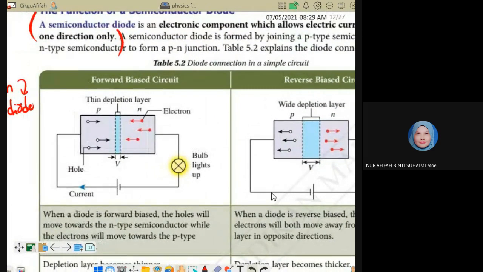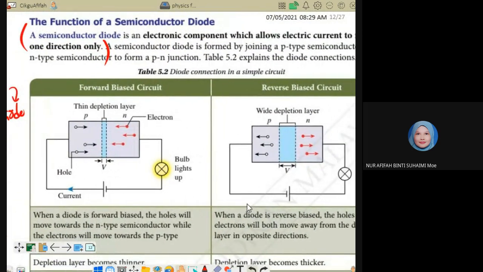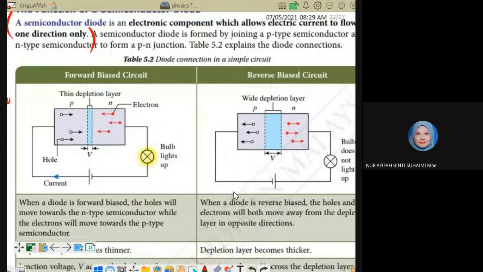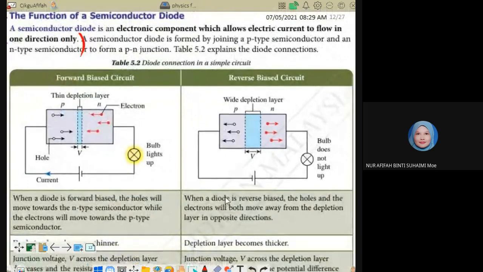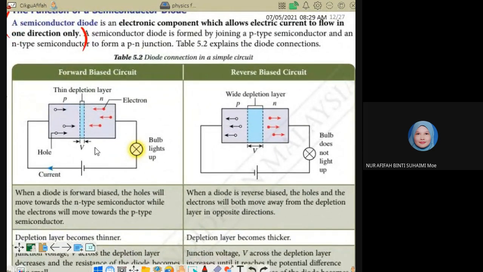Ini yang tadi, the type of the circuit, forward bias circuit and reverse bias circuit. Okay, so dekat sini kita boleh tengok, we have a thin depletion layer, and in reverse bias we have a wide depletion layer. So this is the diode lah.